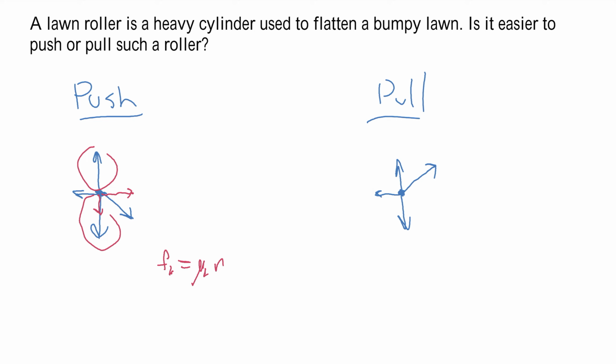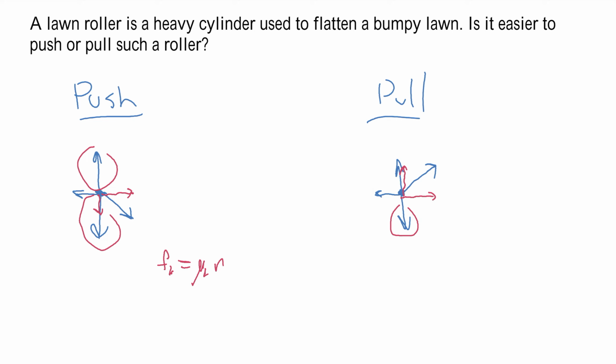Here, I am going to have a component in the pull direction, but I'm also going to have a component where I'm actually lifting up a little bit on the weight of the object. So I'm reducing the weight on the object a little bit because I'm pulling up, which means I'm reducing the normal force that the ground is pushing back on the object.